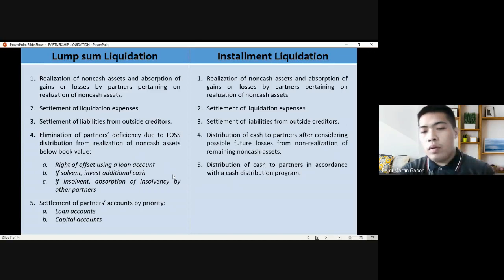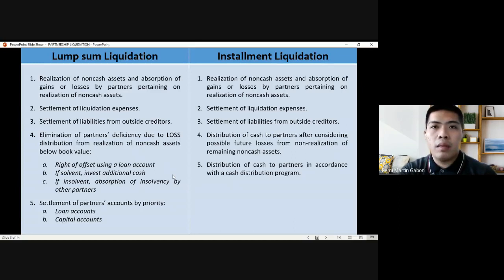So, first step, the same. You're going to realize non-cash assets, then absorb any gains or losses pertaining to the realization or selling of those non-cash assets. Then afterwards, settlement of liquidation expenses. Liquidation expenses is part of the settlement of liabilities because they are the primary, okay?